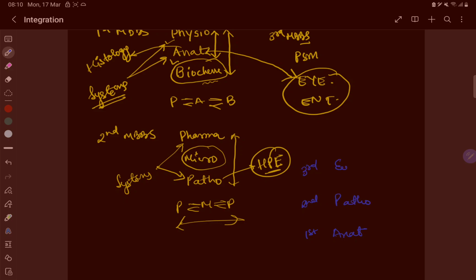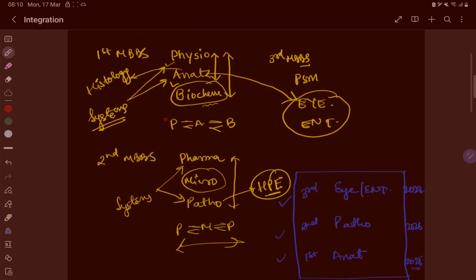You will study these in different years. Suppose you started in 2025, then 2026, then 2027. If a person is studying in the same year, like 2025, and integrating between subjects like physiology, anatomy, and biochemistry, it is horizontal integration.